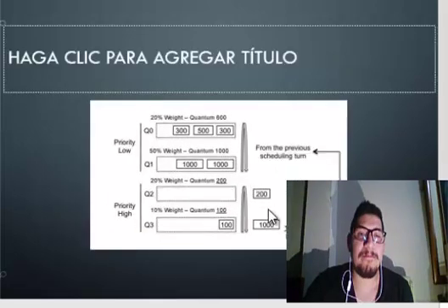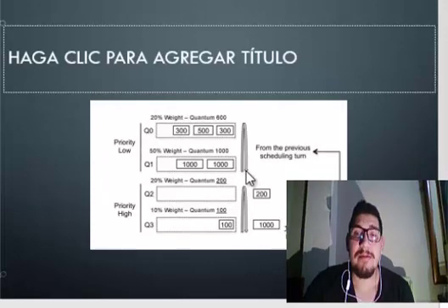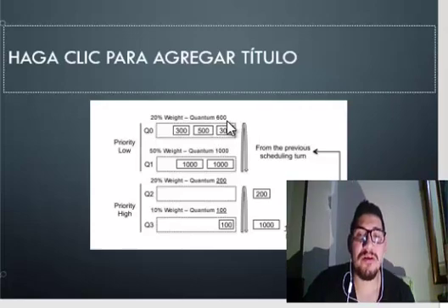And Q0 transmits the packets of 500 and 300, which equals 800, but only has a quantum of 600. For this reason, we have 200 negative credit in Q0.